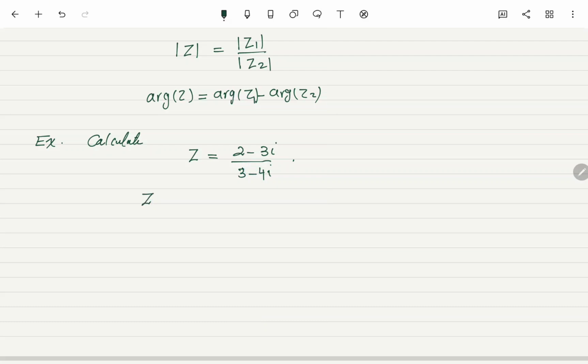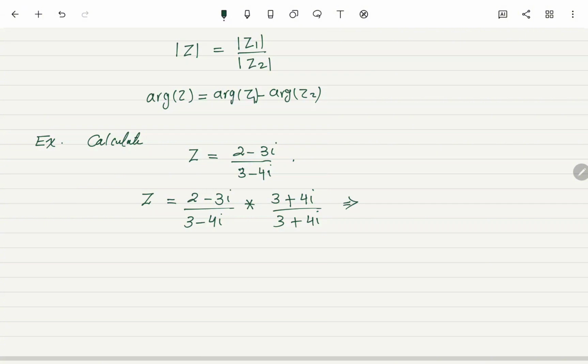Therefore, we multiply by the complex conjugate of the denominator: z equal to (2 minus 3i) divided by (3 minus 4i), multiplied by (3 plus 4i) over (3 plus 4i).